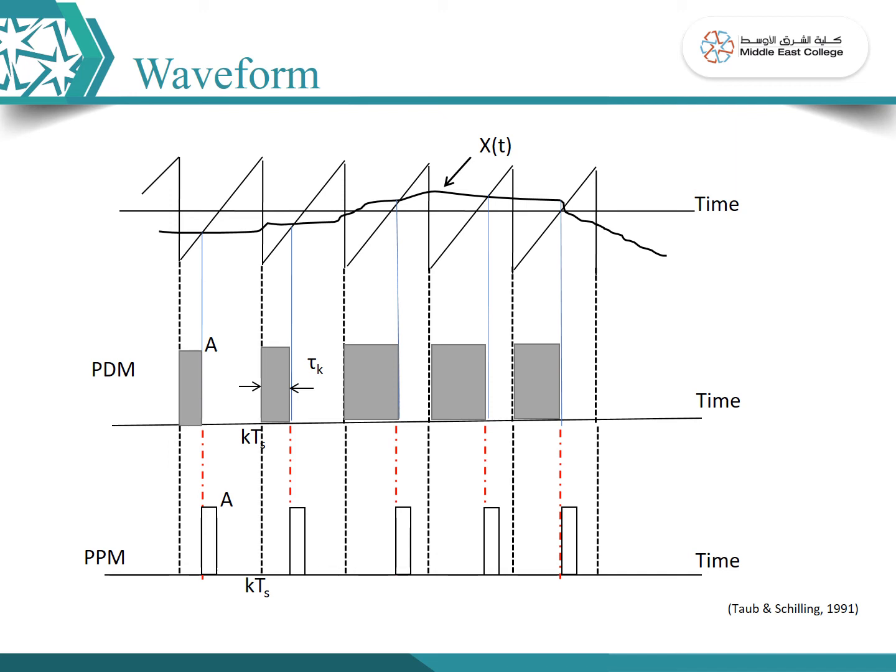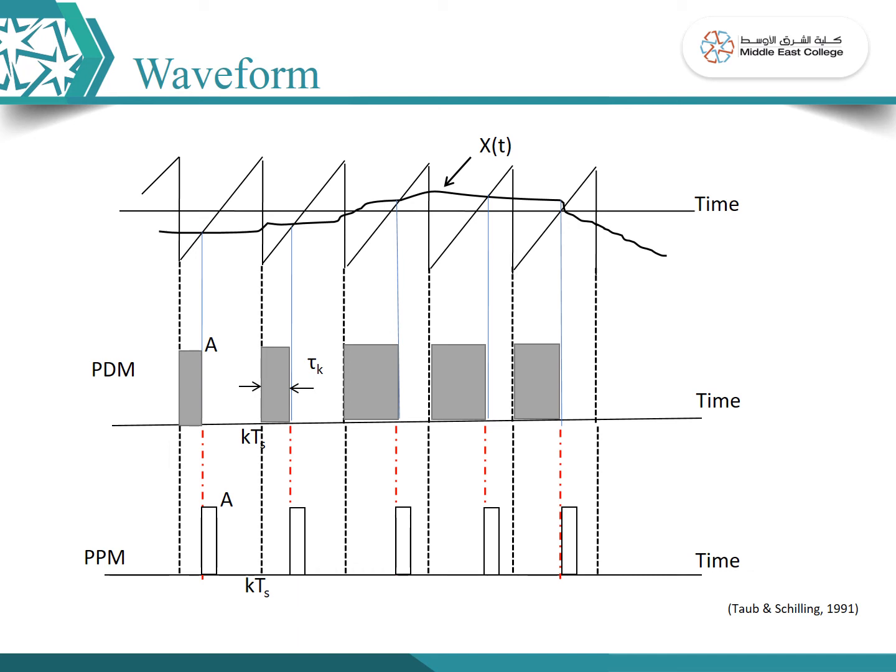Now from this point to this point, which is high? Sawtooth is high, so the output is negative. From here to here, the message signal is high, so the output is positive. Like that, the width of the pulse will change according to the instantaneous amplitude of the message signal. Now that is the PWM or PDM.